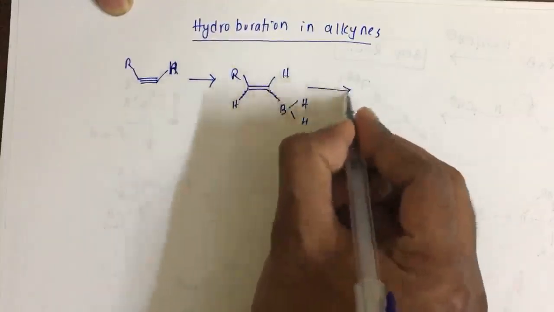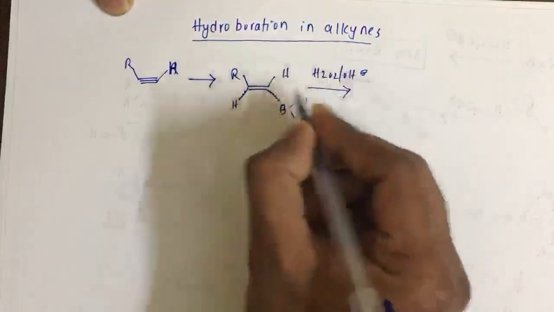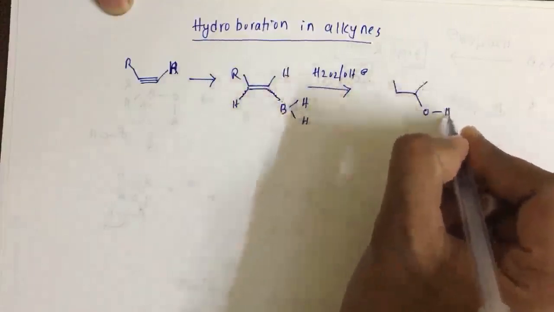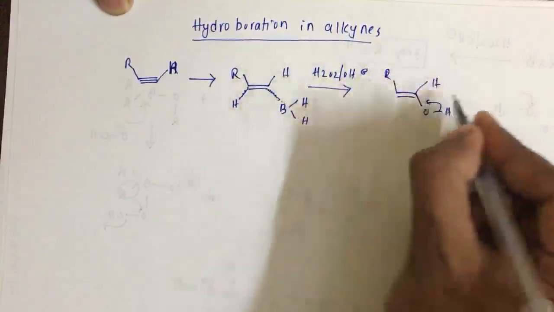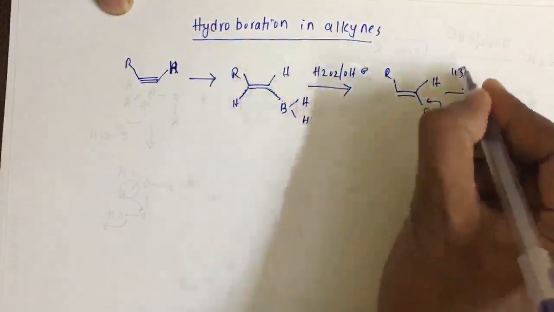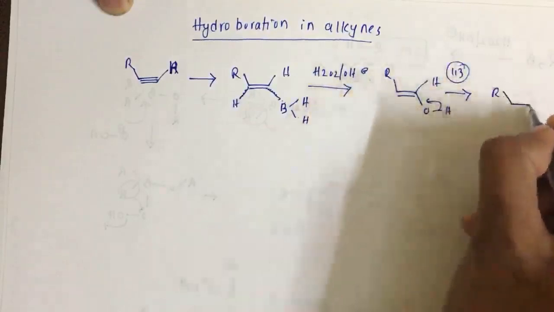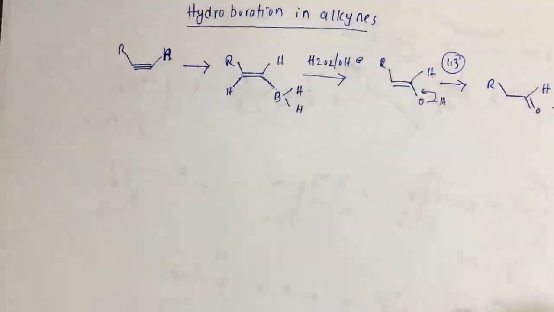Here if you treat with H2O2 in the presence of OH minus, it gets converted into an alcohol, and now this is the enol form. We know that the keto form is more stable, so a 1,3 hydrogen transfer takes place, and we'll get an aldehyde.